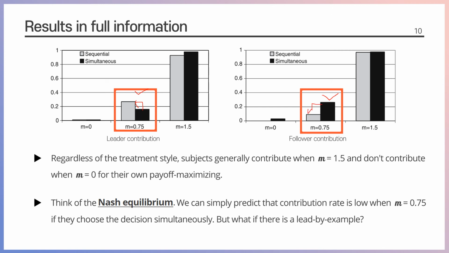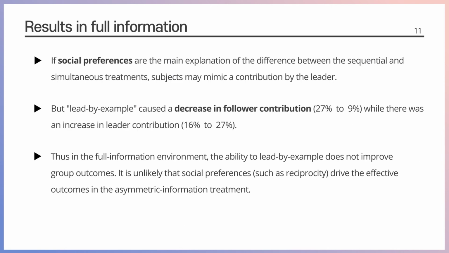What does this suggest? If social preferences like reciprocity were the main explanation of the difference between the sequential and simultaneous treatments, subjects may mimic the contribution by the leader, but they didn't.